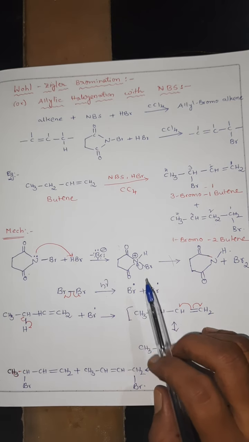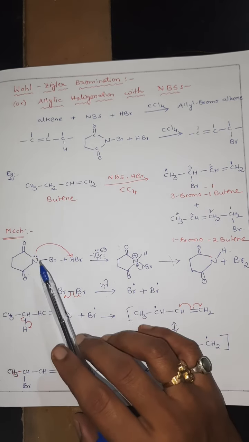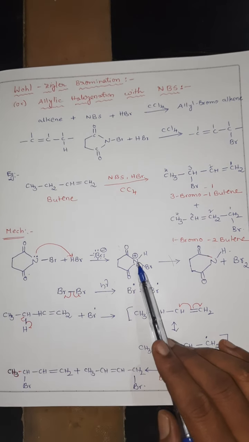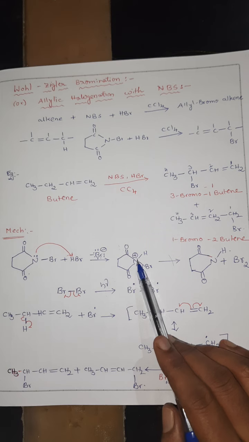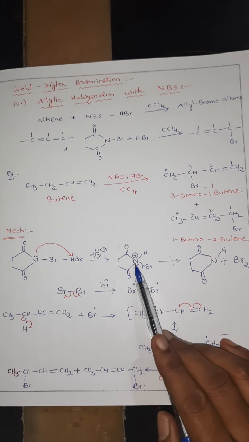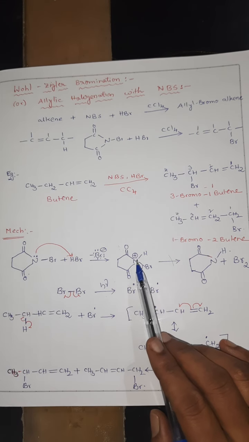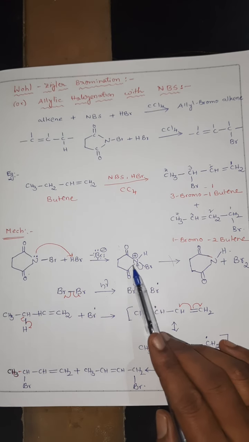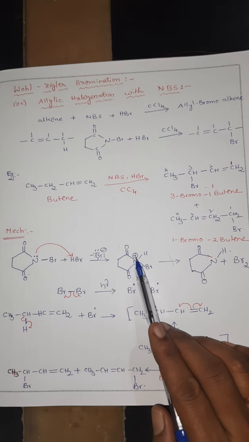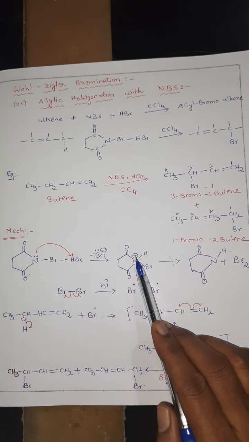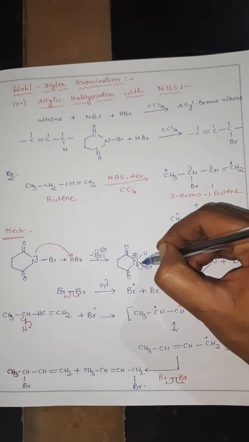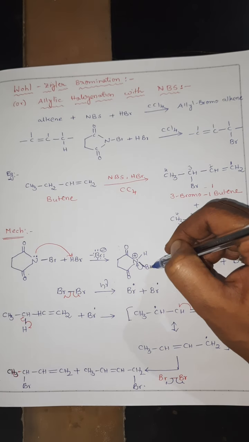As a result of donating the pair of electrons to the hydrogen, the nitrogen gets a positive charge. To neutralize this positive charge, the nitrogen abstracts the bond pair between nitrogen and bromine.